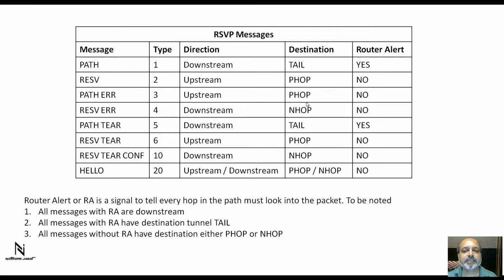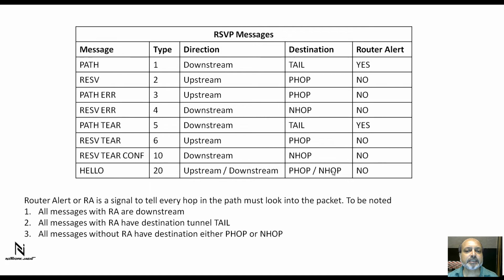Reservation error message is the N hop, or the next hop. Path tear message once again is directed entirely for the tail. RESV tear message for the P hop. RESV conf message N hop, and hello P hop and N hop.